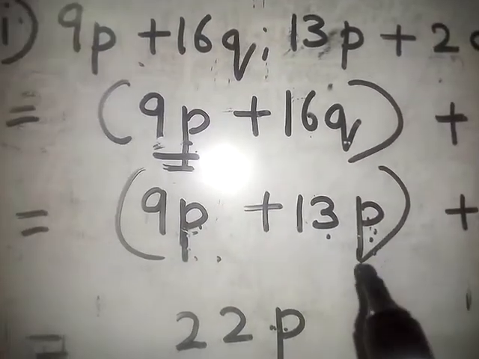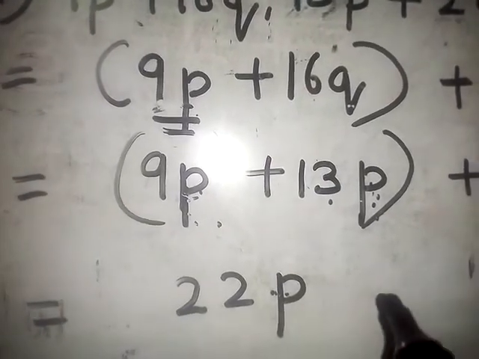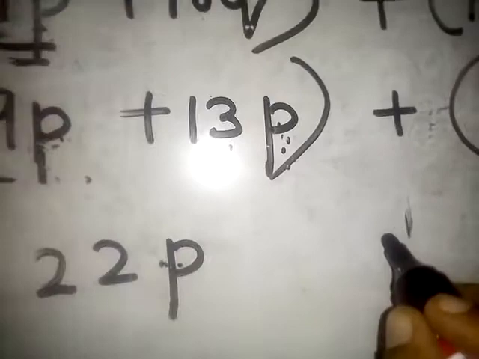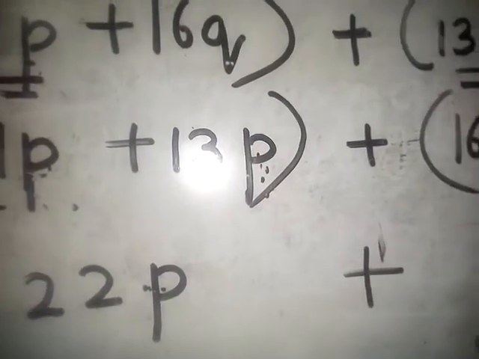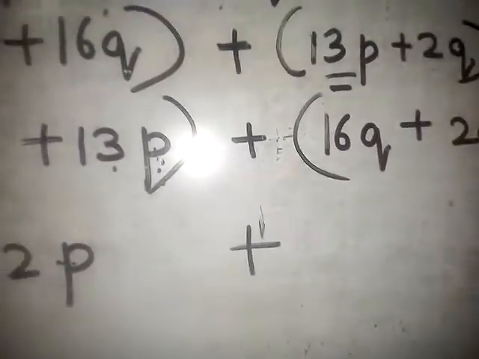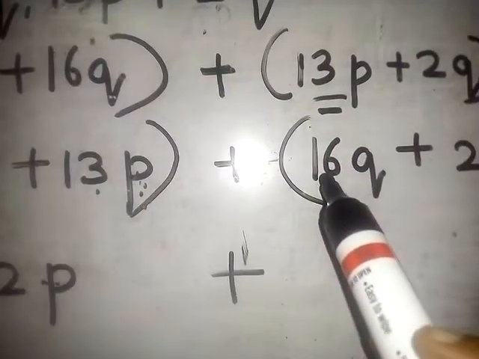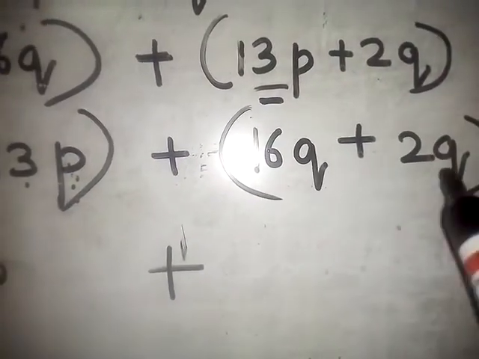If you can't understand, I am explaining here repeatedly so that you can understand it. 22p plus 16 plus 2. Again you have to add only numbers. You have the same variable.